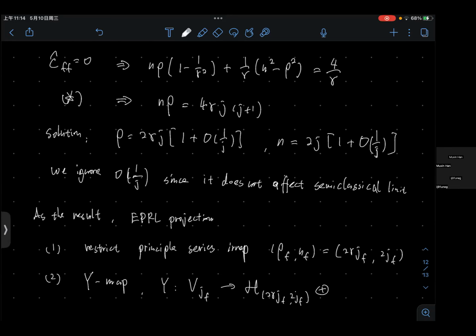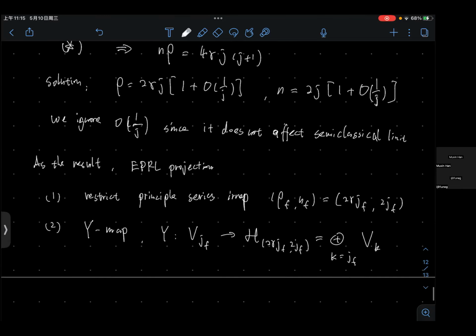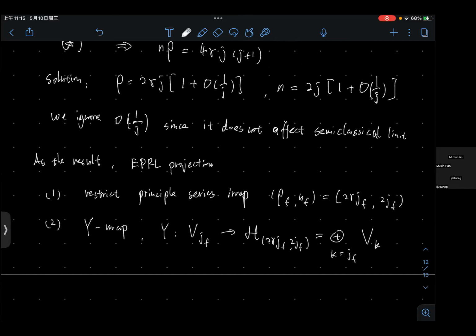Yeah, and this embedding is very simple because this SL2C irreducible representation can be completely reduced to SU2. Okay, so this is Y from V_jf to the SL2C representation. And this embedding is just given by identifying the SU2 representation to the lowest level.